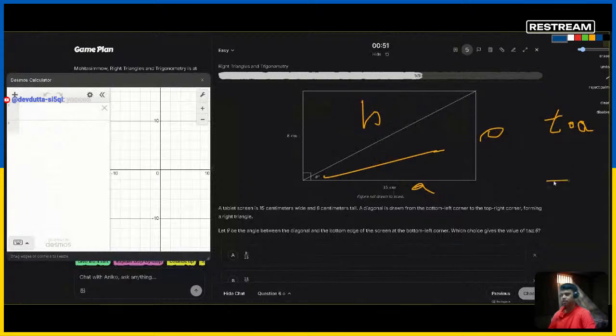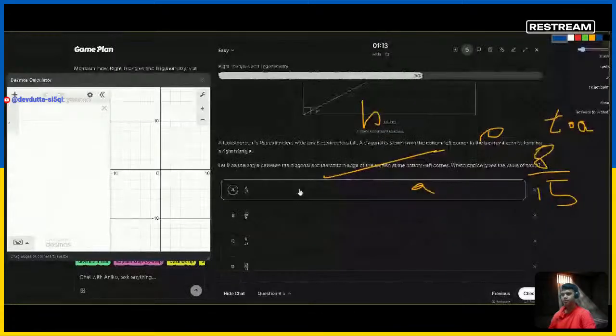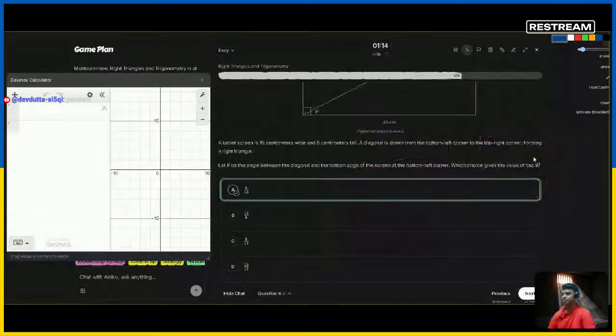We do know what A is, which is 15. So we need to find O. We already know how tall it is, so O is 8. Wow, that was simple.